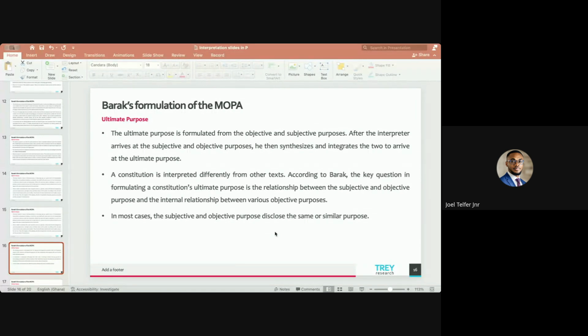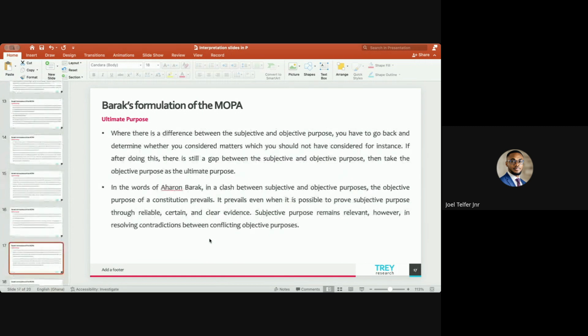So, like you rightfully pointed out, yes, the contract will be interpreted subjectively unless a subjective interpretation would not ascertain the true intent and would lead to a manifest absurdity or an inconvenience, then we may defer to the objective intent. So that is it for Barak. There's not anything sophisticated.